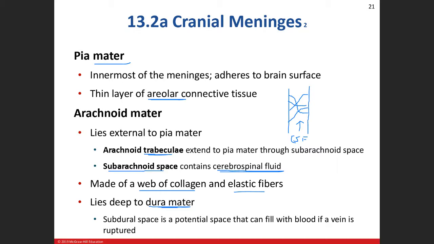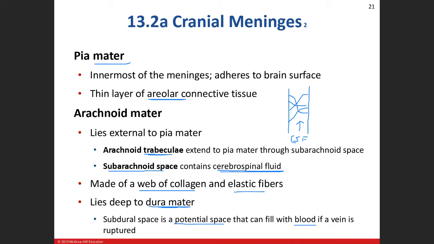Now here's the thing. You have this potential space. Remember, a potential space is a space that is not in existence in a normal, healthy individual. But if there's damage to a structure, like the dura mater, blood or inflammation can get trapped into that space, and that space can then be occupied by, God forbid, blood.